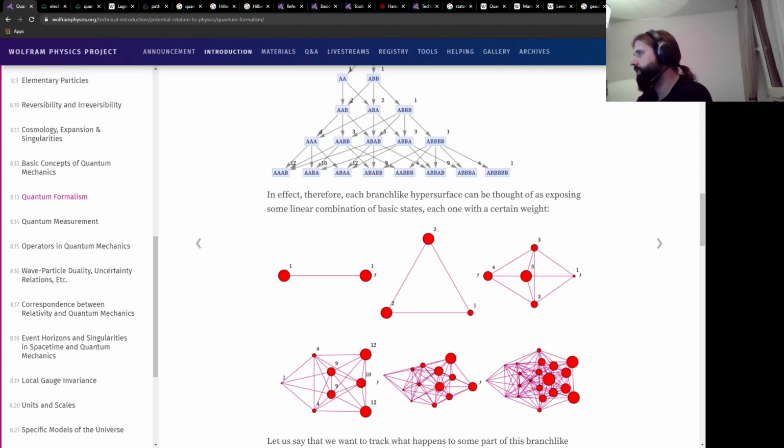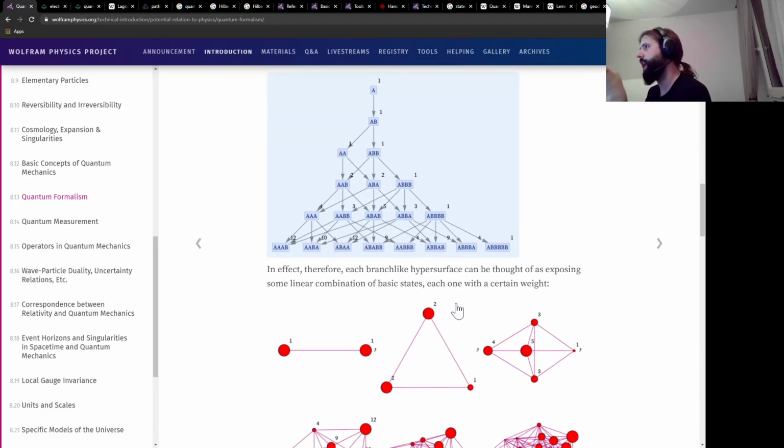And so what they're saying here is that this is represented by the paths, and that you can then, of course, have some sort of study of these paths.